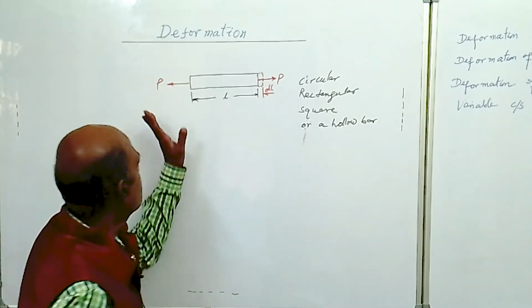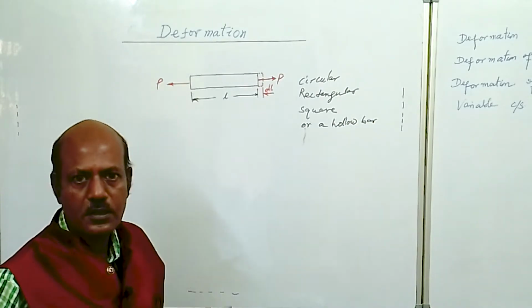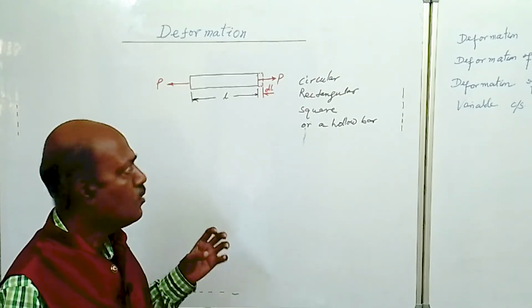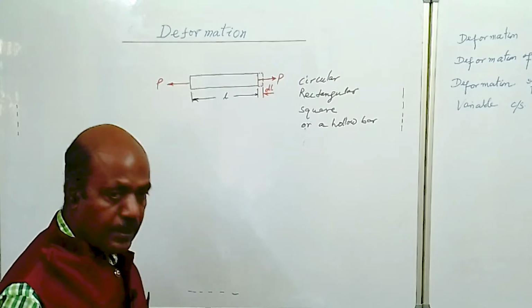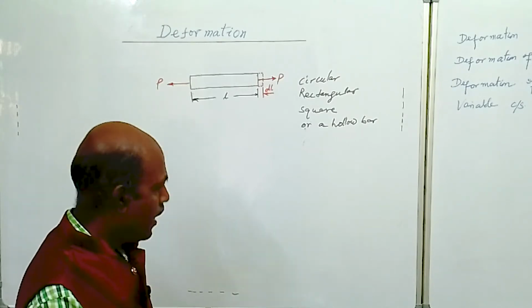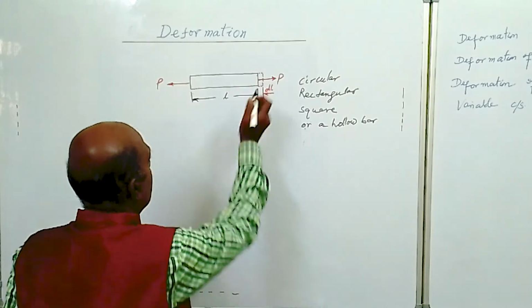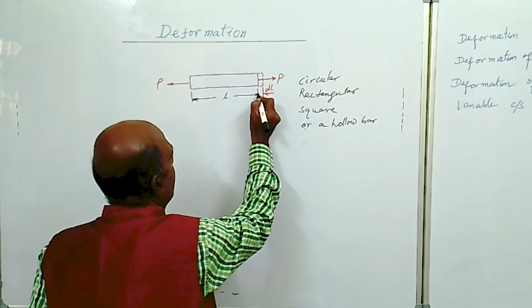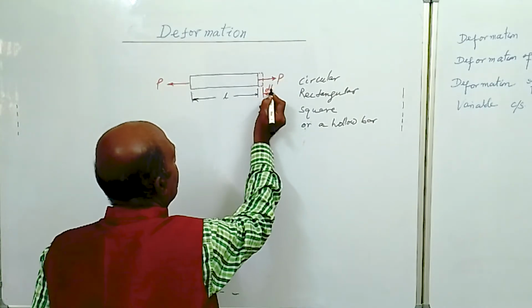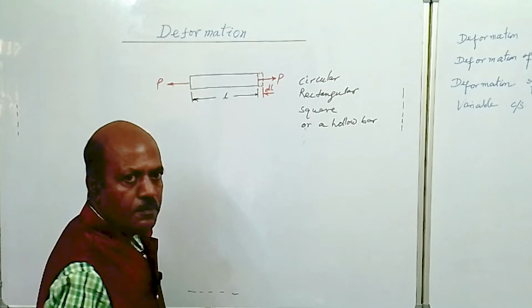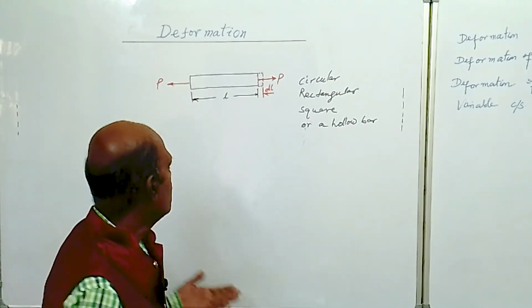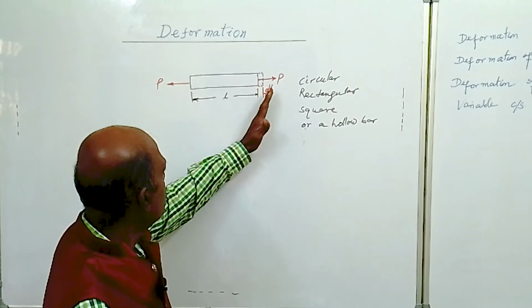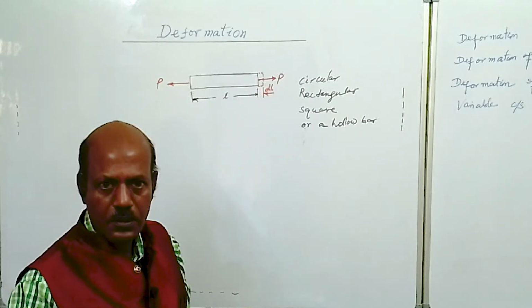So that means the bar may be of any cross sections, it may be solid section or it may be hollow cross section. Now the bar is under load P, and under load P let the bar extends by amount dl here because of tensile load P.